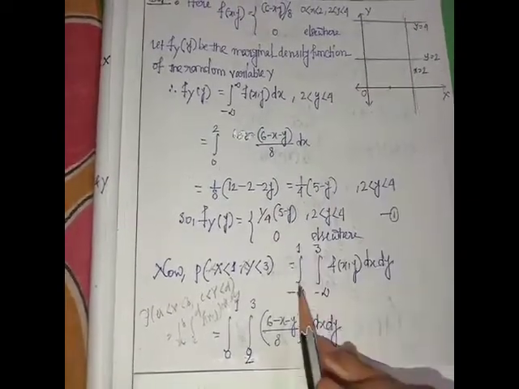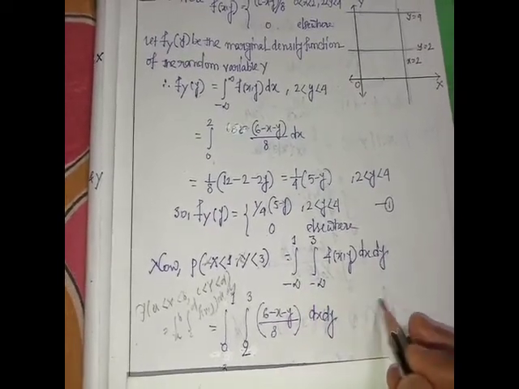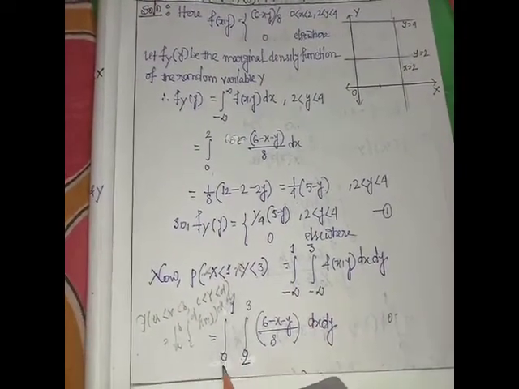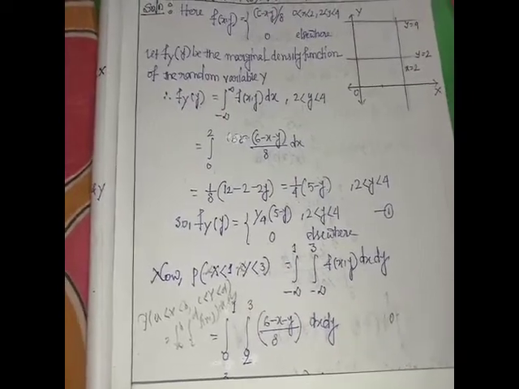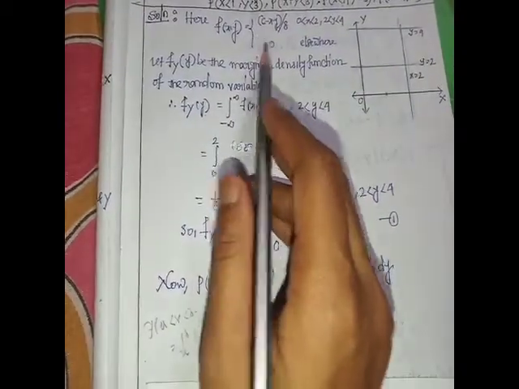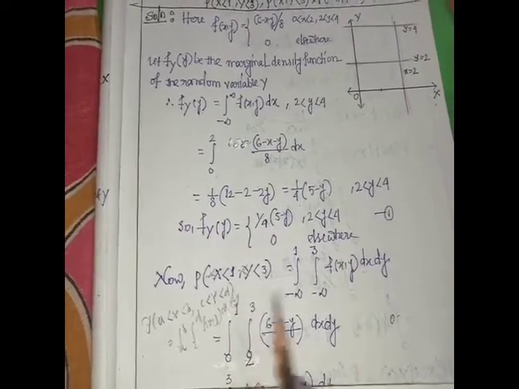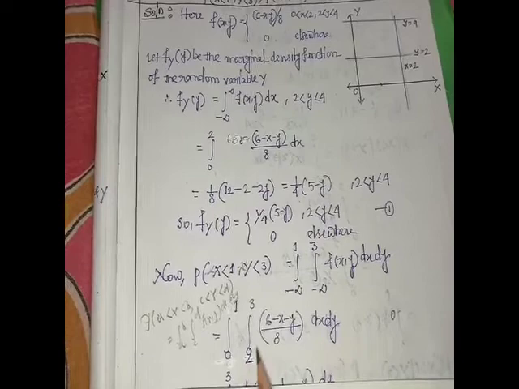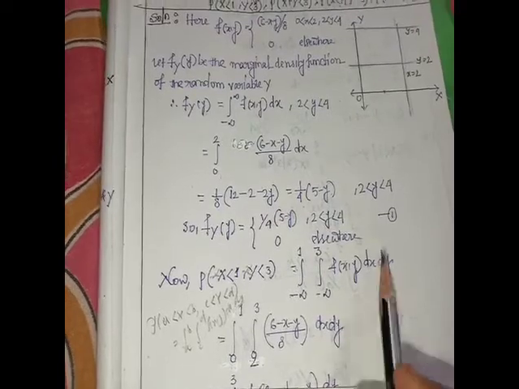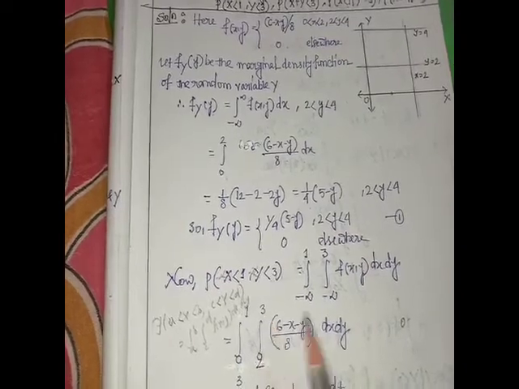Here minus infinity to 1 is the range of x, and in our problem the range of x is 0 to 2, so the common portion is 0 to 1. Similarly, for y, minus infinity to 3 is the range here and 2 to 4 is the range in our problem, so the common portion is 2 to 3.